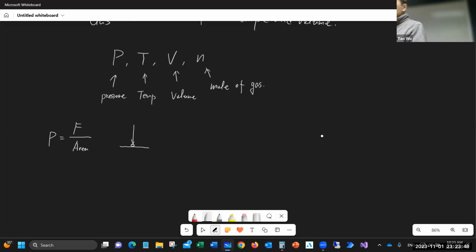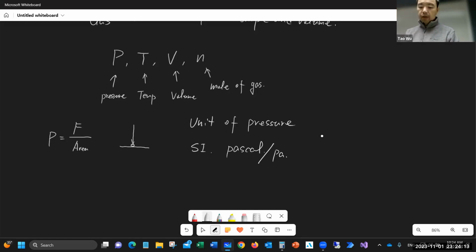And then what is the unit for the pressure? In chemistry, in the SI unit, we use Pascal, or Pa to represent the Pascal. But this unit is really small.